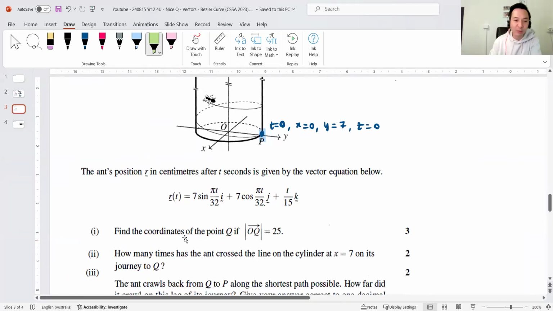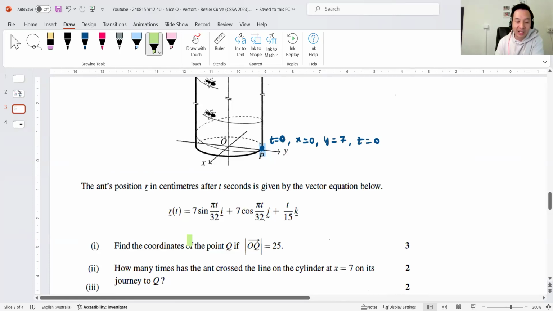So part 2, how many times does the ant cross the line on the cylinder at x equals 7? So that's this bit here, at x equals 7 on its journey to Q. So when x equals 7, let's see, when does that occur?